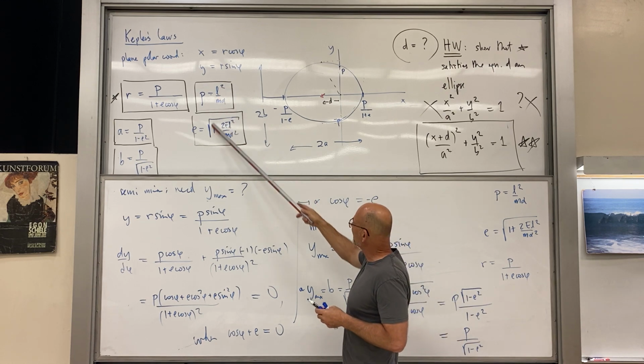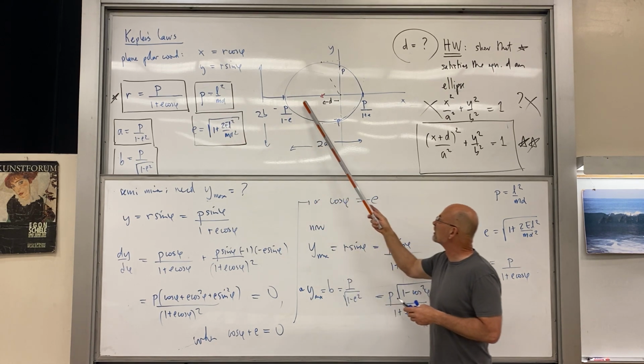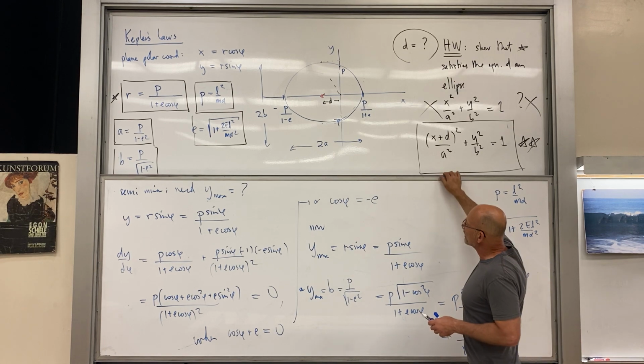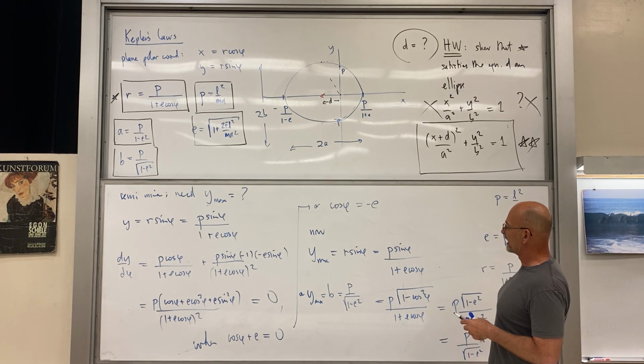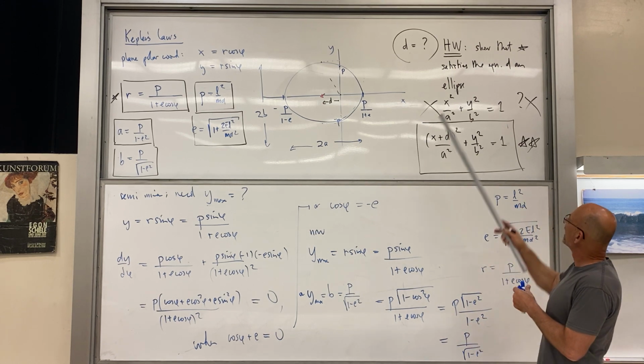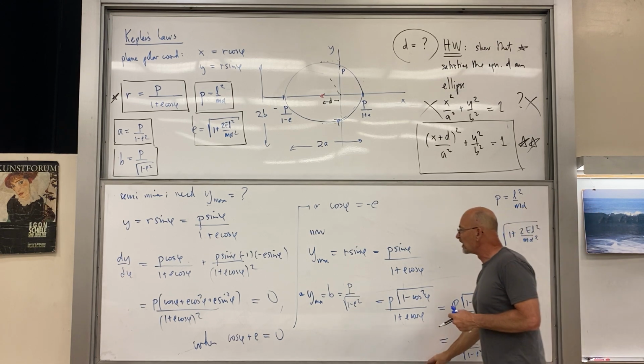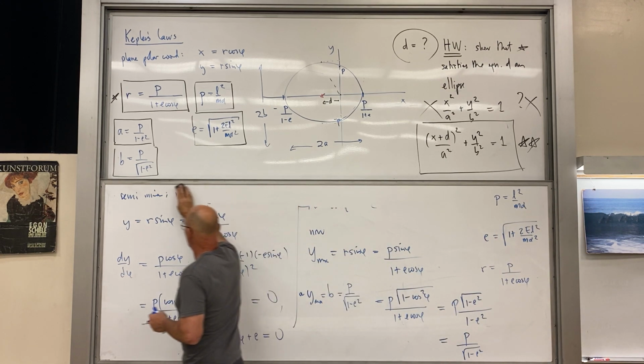In other words, what is the meaning of these various parameters in terms of the way the orbits function? But we have everything in place to talk about Kepler's law, so we're going to do that. So this would be Kepler's first law. So let's talk about Kepler's second law.